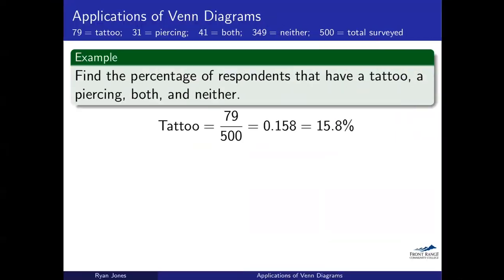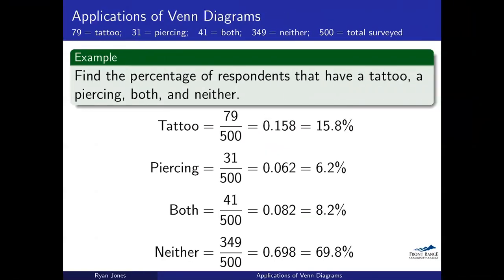So there we go. Sometimes these problems will get a little bit harder in two different ways. Sometimes we'll have a triple Venn diagram. So instead of just having two sections, we have three sections. So instead of a tattoo and a piercing, maybe we have a tattoo, a piercing, and plastic surgery or something like that.